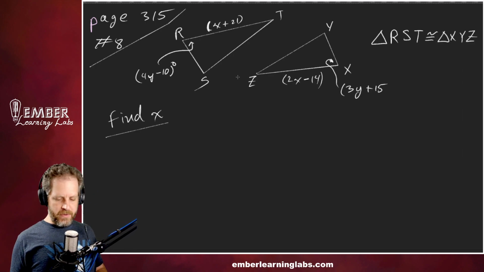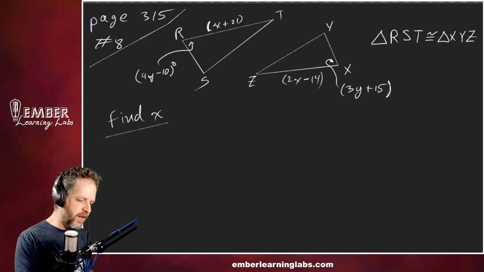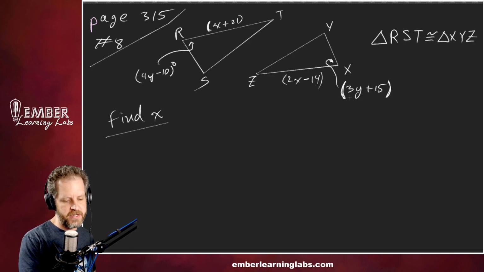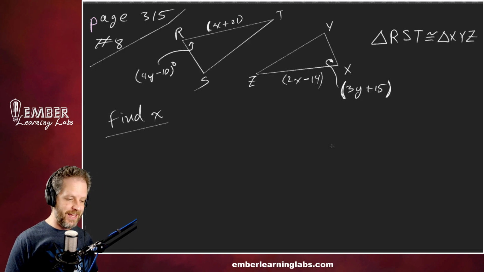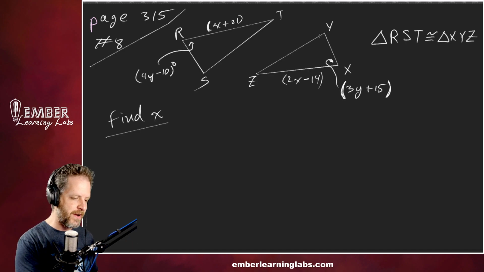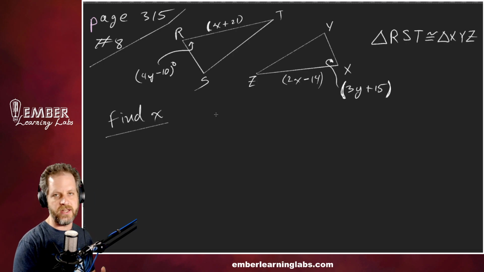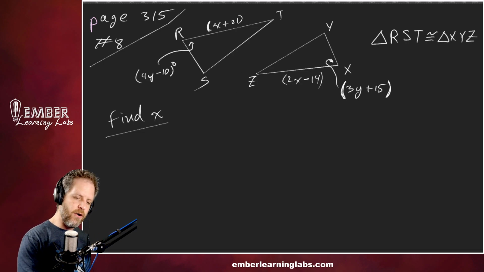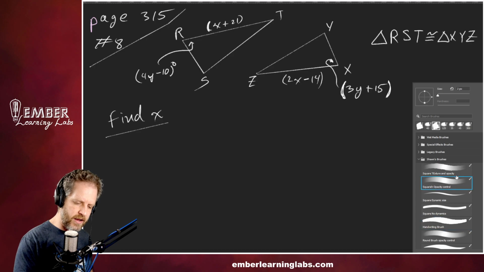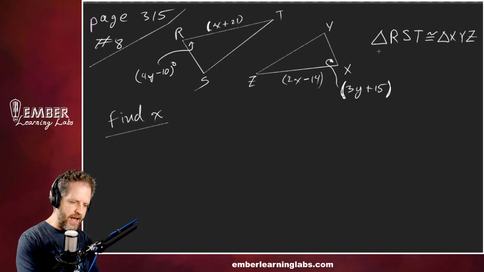The important bit here is that they only give us so much information on this problem, so it's kind of obvious. But if this diagram was packed with more stuff, like labels on each of the angles and each of the sides, the order over here matters.